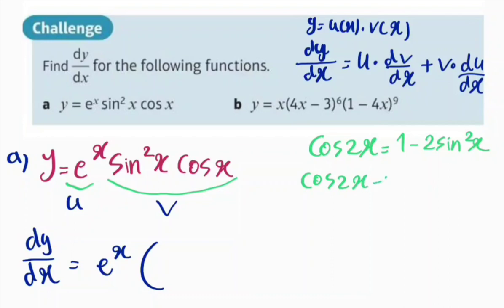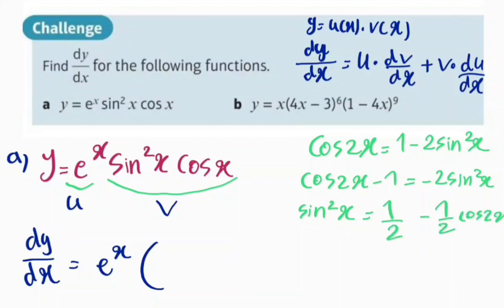Cos 2x minus 1 is equal to minus 2 sine squared x, and dividing both sides by minus 2, you get sine squared x is equal to a half minus a half cos 2x. This formula is very useful, especially in integration and differentiation. Whenever we want to differentiate sine squared x, we can simply differentiate half minus a half cos 2x, because this is much easier. That's what we are going to use.